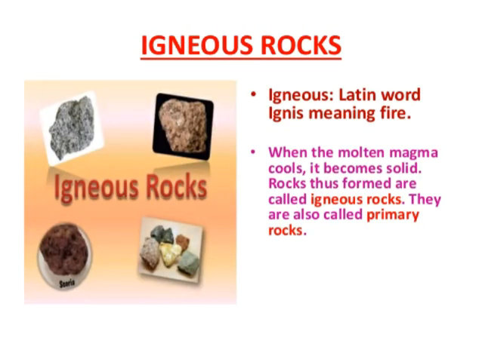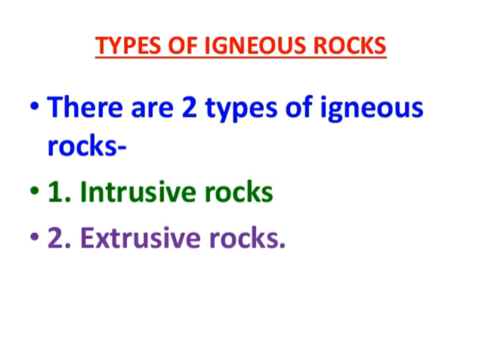Igneous rock is made by volcanic eruption, and it consists of lava and magma. Igneous rock is solid, and no life is present in igneous rock. An example of a mineral found in igneous rock is iron.